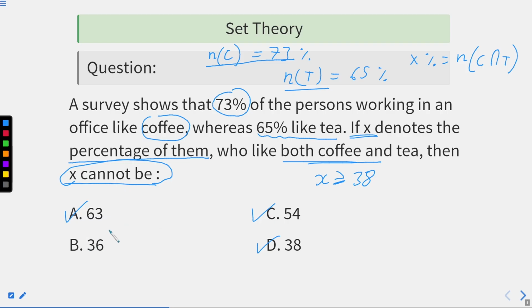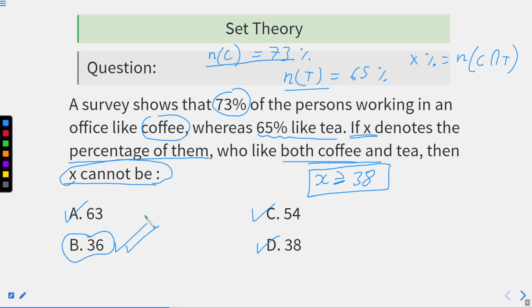But X cannot be equal to 36. Why? This stage says X must be greater than or equal to 38, and option B says X cannot be 36. So this option is correct for this question.